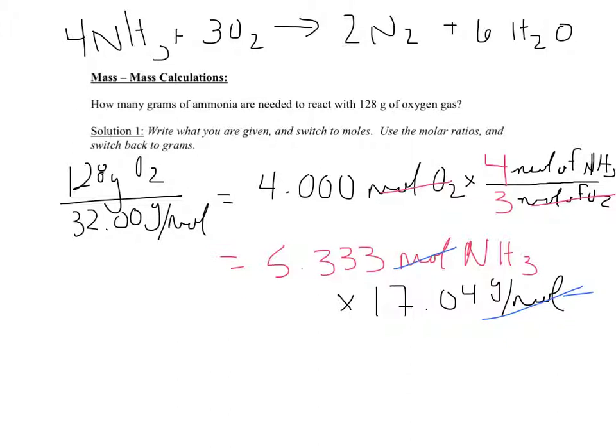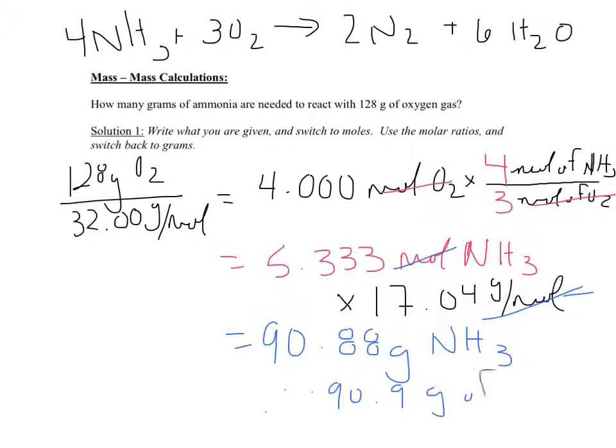And 5.33 times 17.04 is going to equal 90.88 grams of NH3. Therefore, 90.9 grams of NH3 are needed.